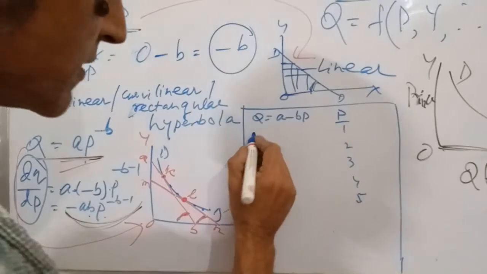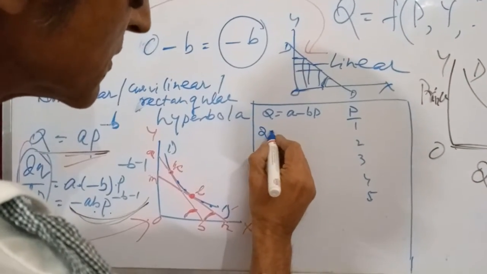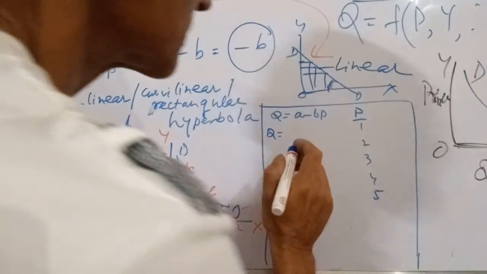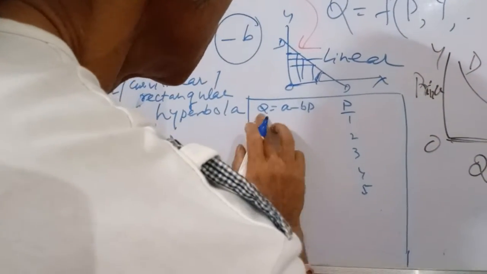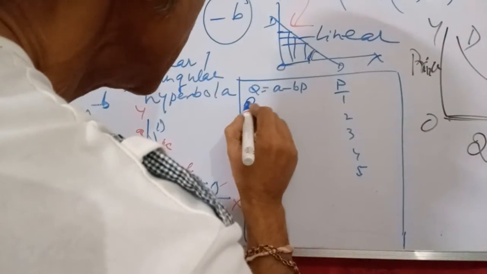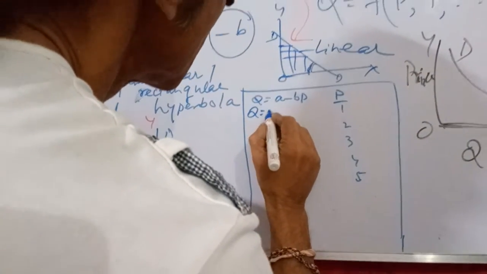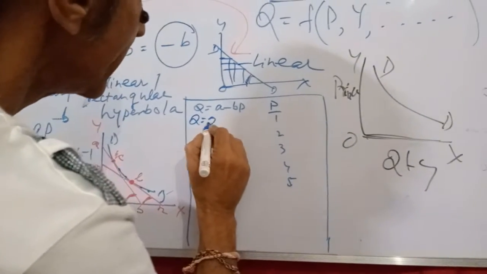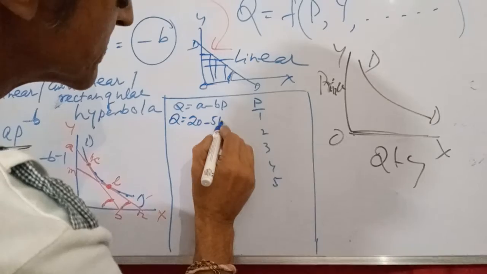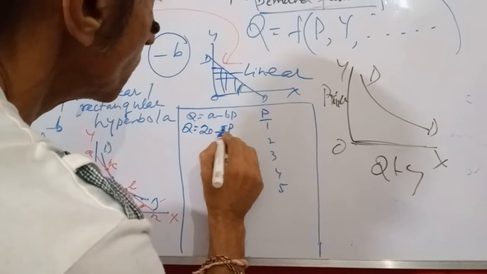So when P is 1, what is Q? Q equals, say, 20 minus 2P.